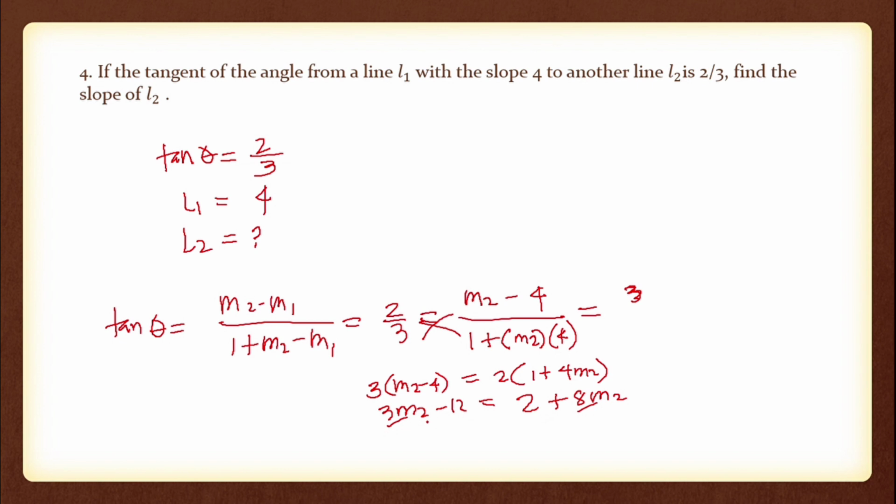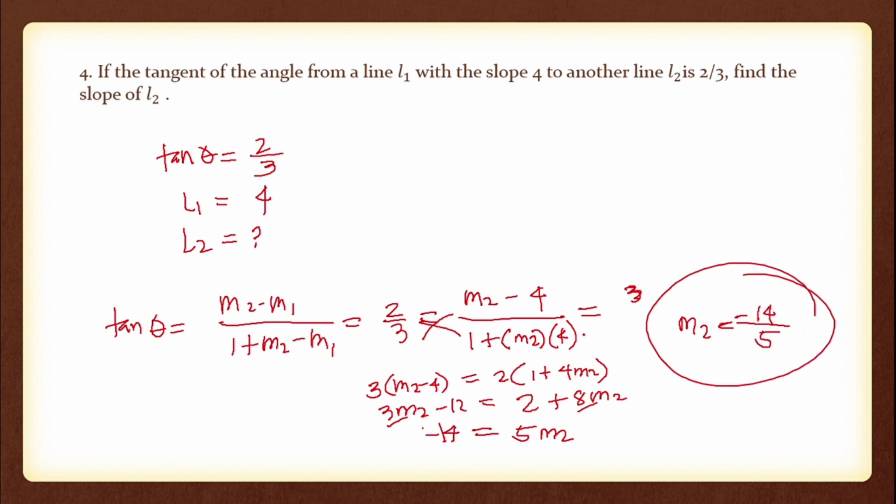So we have here 8m2 minus 3m2, that's 5m2. So we have -14 is equal to 5m2. So 5m2 equals -14, therefore our m2, if we divide both sides by 5, is -14 over 5. So this is the result. So -14 over 5 is our slope 2.